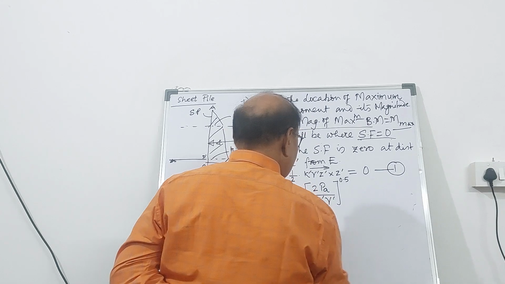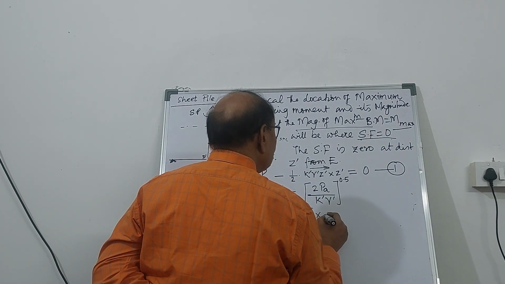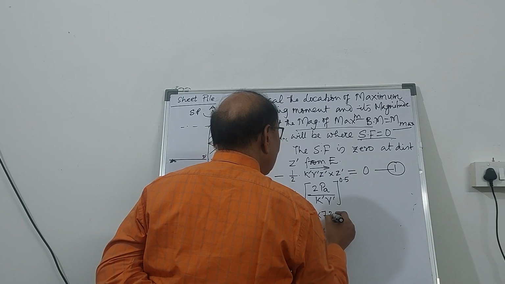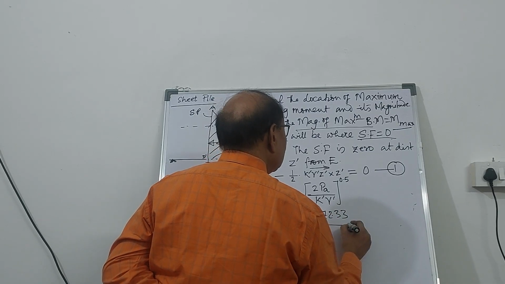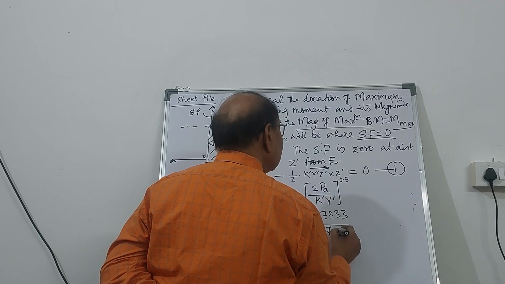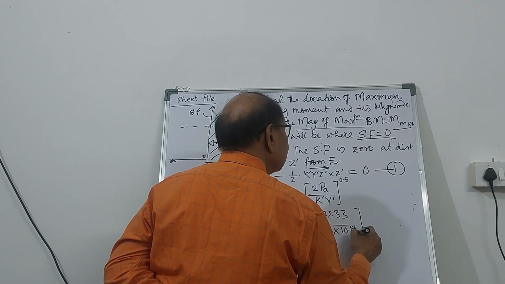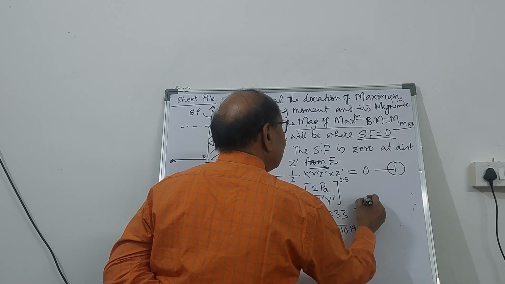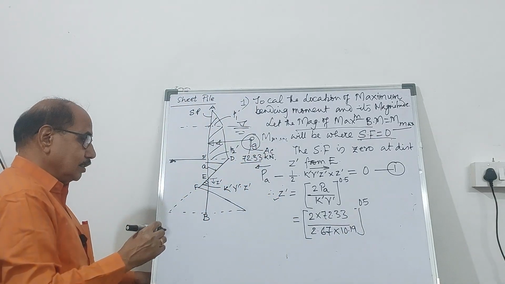So we can calculate the Z prime. So let's calculate 2 into 72.33 divided by 2.67 into 10.19, raised to power 0.5 or under root this.